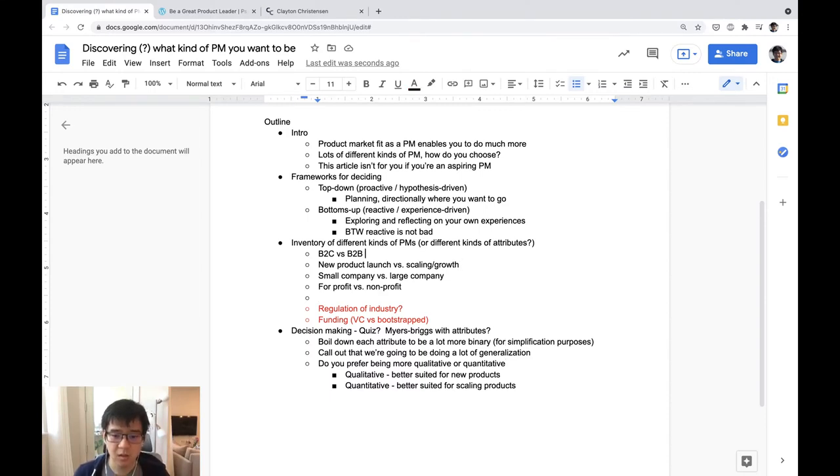And so I think what I'm trying to get to is, here are these different kinds of PMs, and then here's an oversimplified, what do you prefer type thing. And then we can use that to help you lean towards what kind of PM you want to be. Again, it's not necessarily my favorite approach in the world.